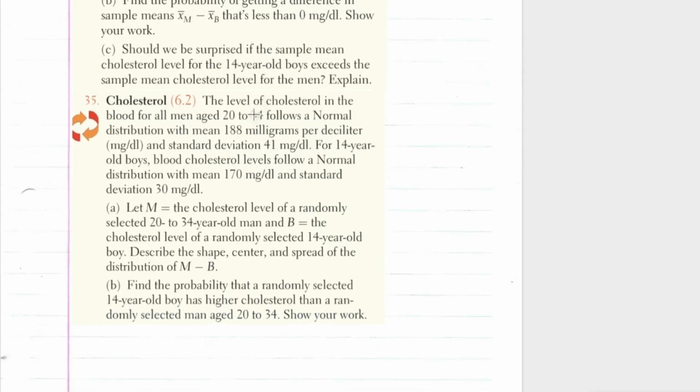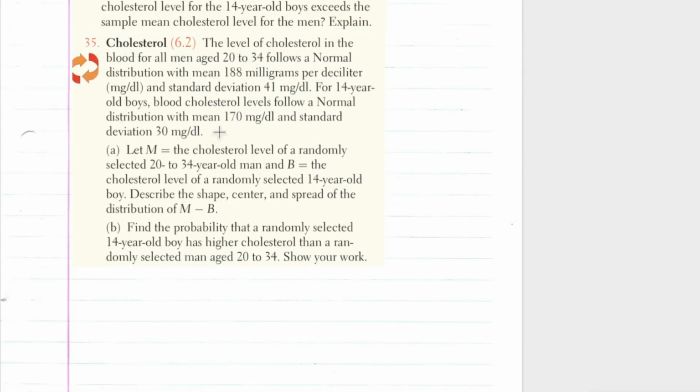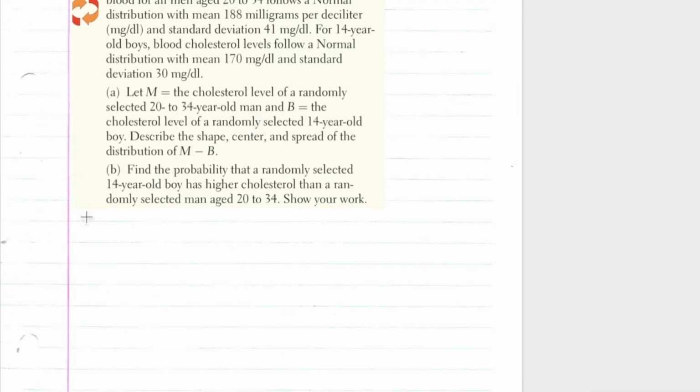Okay, so what we have here is, remember, we had from the previous problem that m is normally distributed with a mean of 188 and standard deviation of 41. And b was normal with a mean of 170 and a standard deviation of 30.